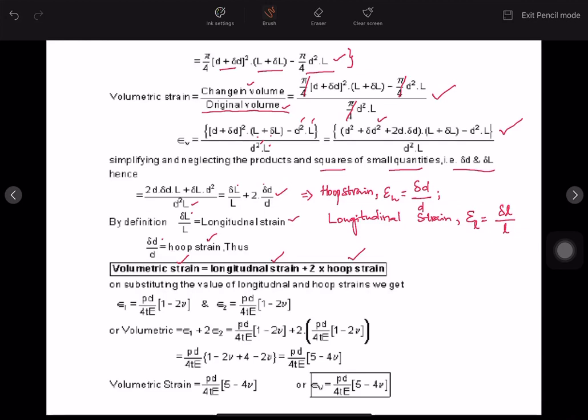We also have certain hoop strain and longitudinal strain equations, like this.